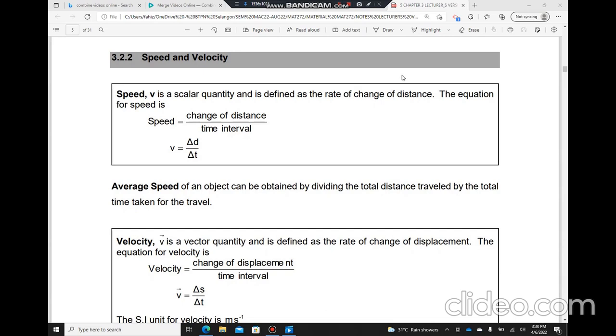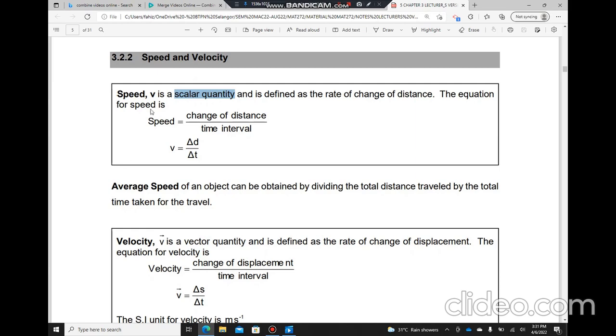Okay, so 3.2.2 speed and velocity. Speed, V, is a scalar quantity and is defined as the rate of change of distance. The equation for speed is speed equals to change of distance divided by time interval, V equals to delta D over delta T. Maksudnya speed ni dia beza.